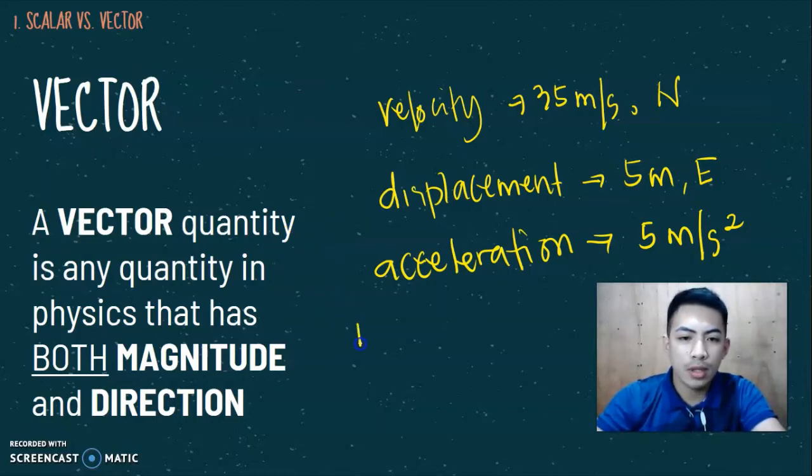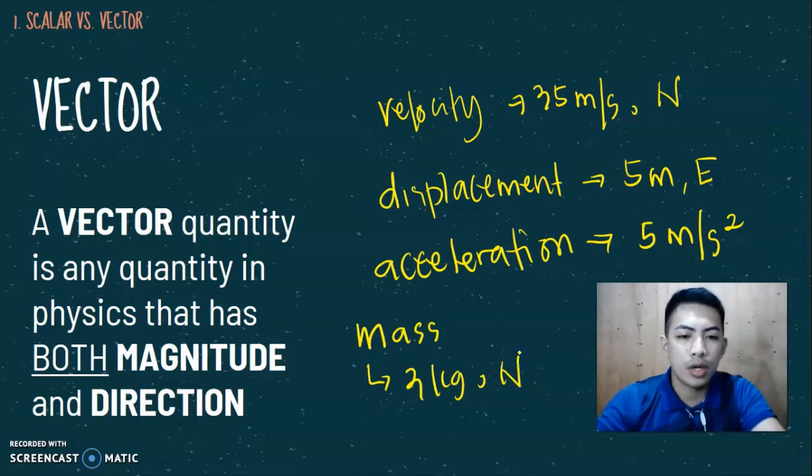For mass, we cannot say that mass is a vector quantity because it's kind of awkward to say 3 kilograms to the north. It doesn't fit, right? Or 3 seconds to the east. That is why mass and time are considered scalar quantities.